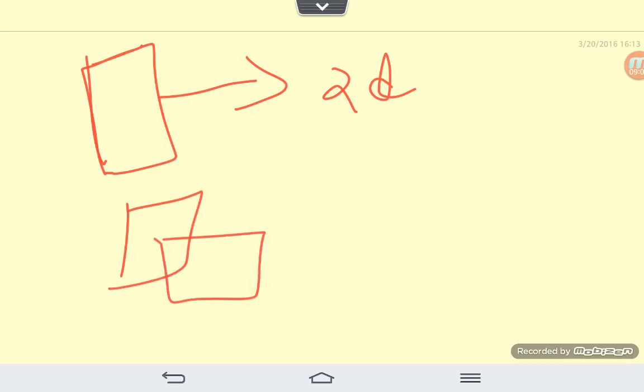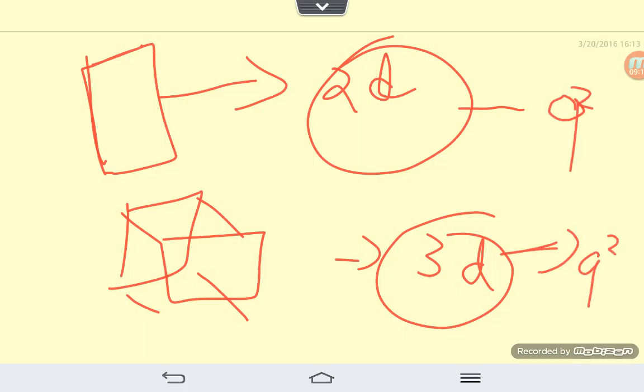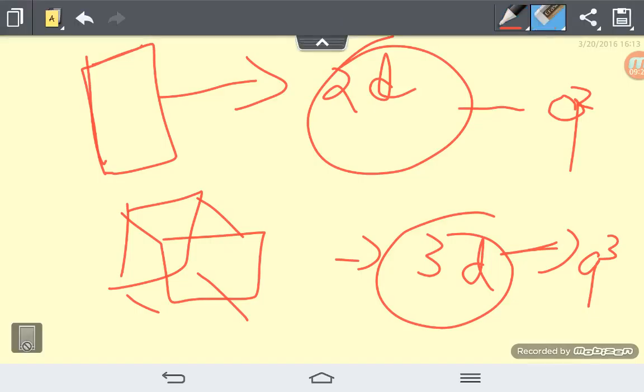If you take a square, it is a two-dimensional figure. Whereas if you take a cube, it is a three-dimensional figure. So that's why we call anything power 2 as square or a square number, and anything power 3 we call as a cube number.